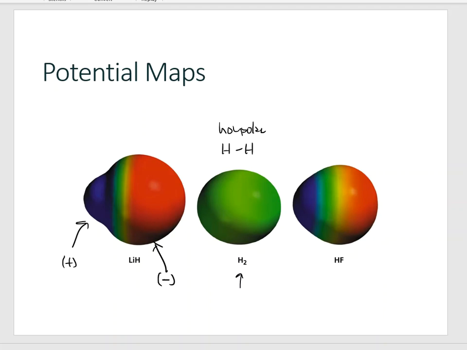HF would be the same way. This hydrogen would be positive, and the fluorine is on this side, so therefore that would be negative. They try to match the electrostatic potential map up to the way that we've drawn the structure down here below. So H is to the left and F is to the right. Okay, Li is to the left and H is to the right here.